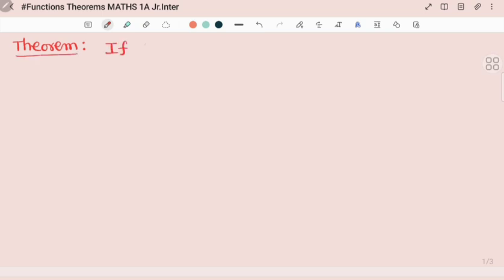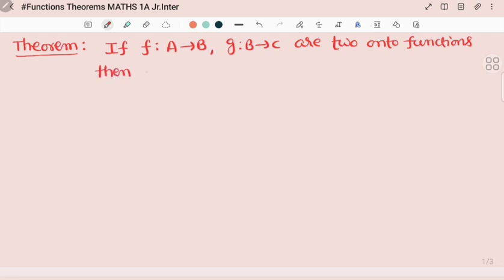If f from A to B, comma g from B to C are 2 onto functions, then g circle f from A to C is also onto.